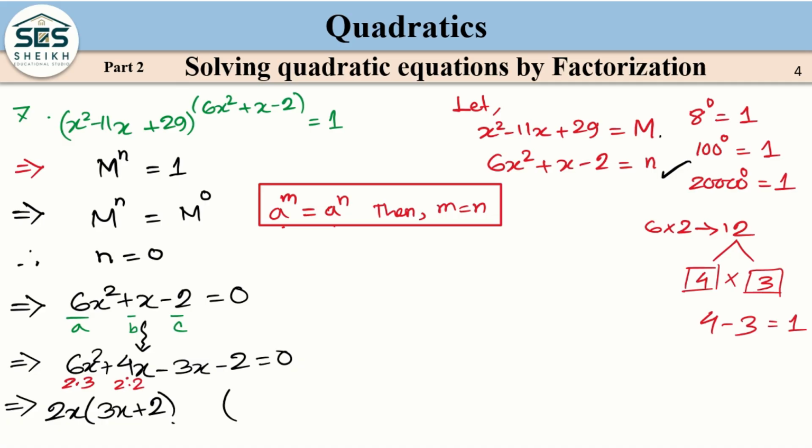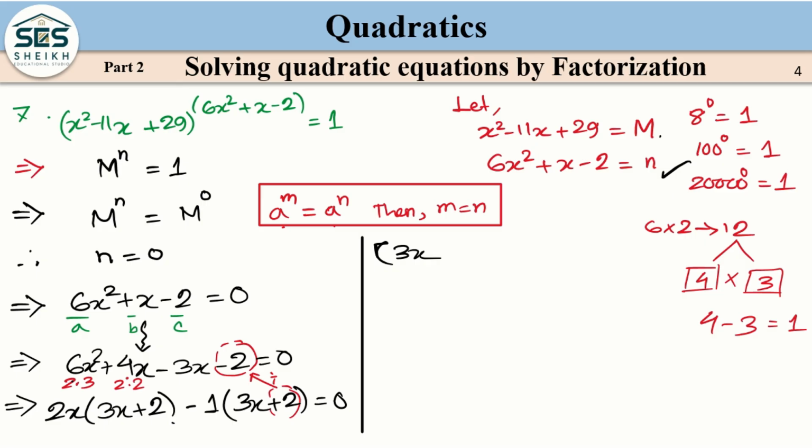Then we can write this thing as it is right here, keeping a little bit of space, and now we can divide our minus 2 by our positive 2. So if we divide them, we get minus 1 equals 0. So here we have 3x plus 2 and 2x minus 1 is 0.